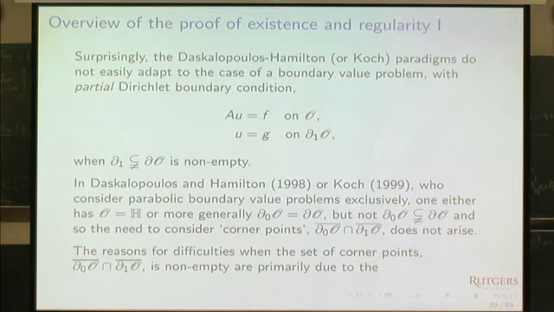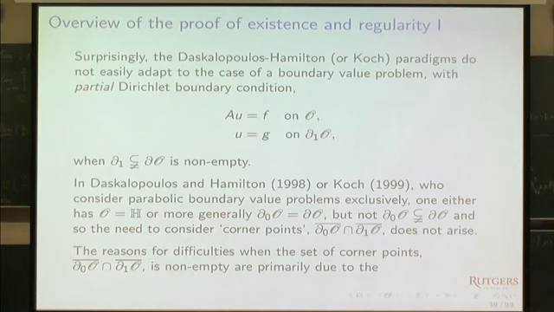The one other feature of this problem, which I have indicated several times, is that there are corners where the non-degenerate portion of the boundary and the degenerate portion meet. That turns out in and of itself to be a difficulty which is a little bit unusual.